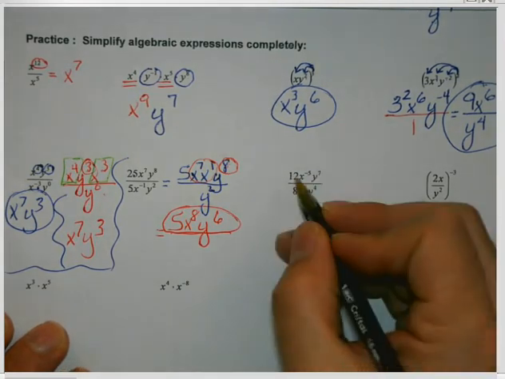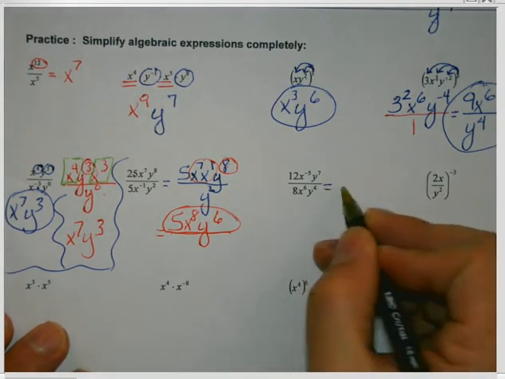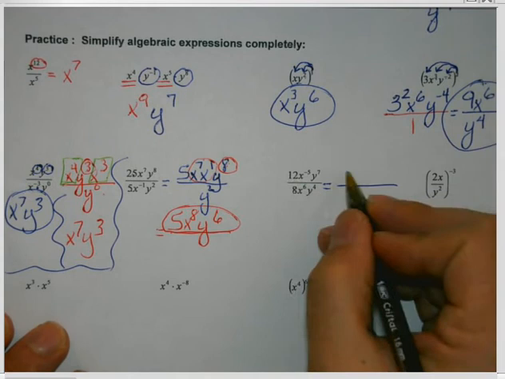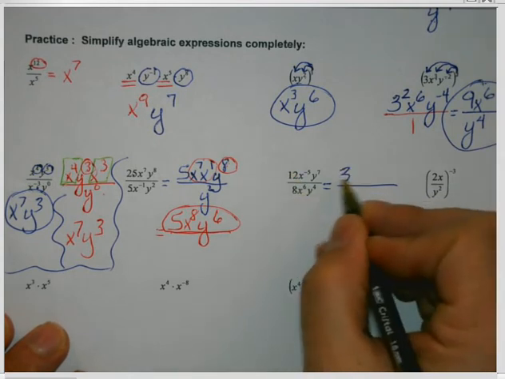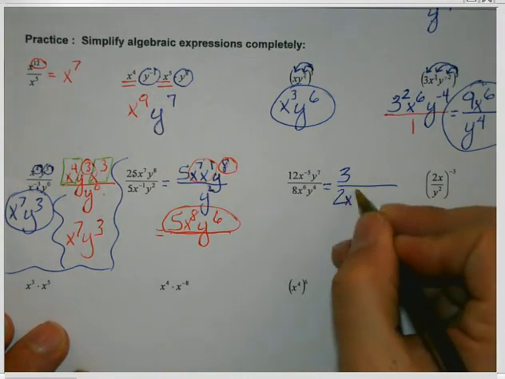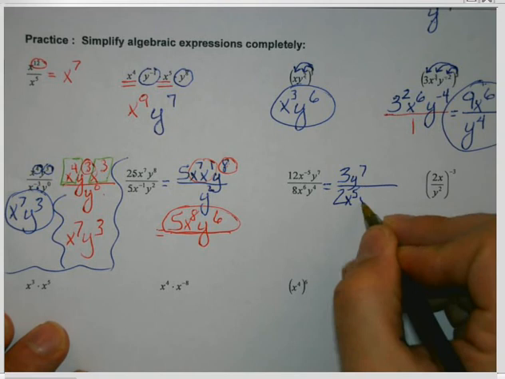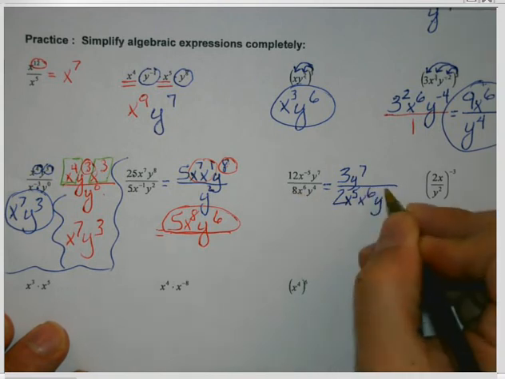Same thing going on here. 12 over 8. This does not become 1.5. If it's fractional, reduce the fractional part. I can divide each of those by 4. Okay, but then leave it alone. Oop, x to the negative 5th, that needs to flip. Y to the 7th is fine. X to the 6th is fine. Y to the 4th is fine.